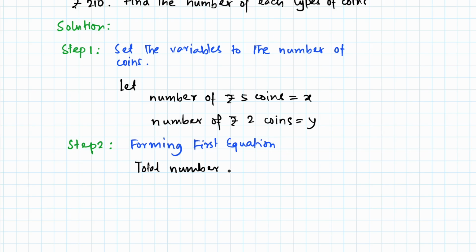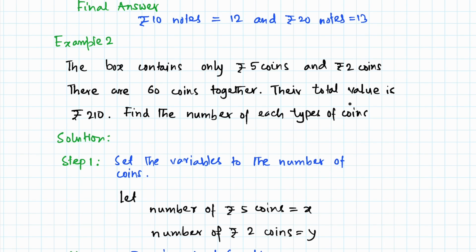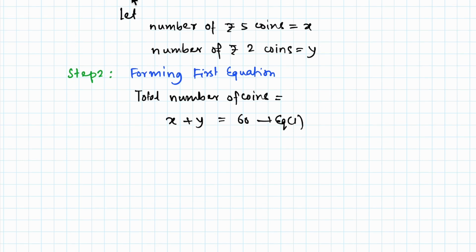So the total number of coins becomes x plus y is equal to 60, which is equation 1. See, total 5 coins and 2 coins together make 60 coins. So this indicates the total number, and we can frame the equation from there as x plus y equal to 60. Now step number 3, forming the second equation.